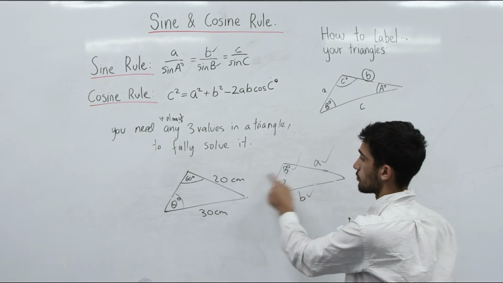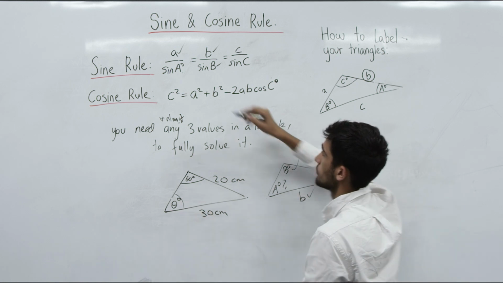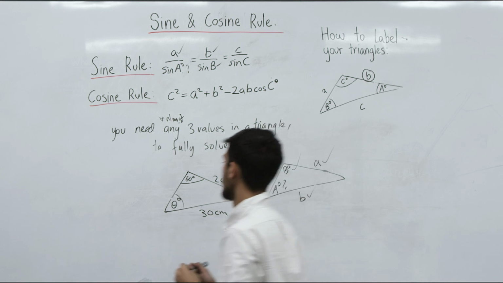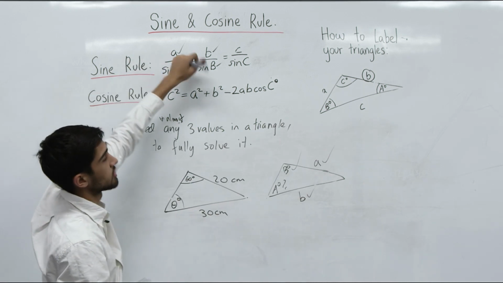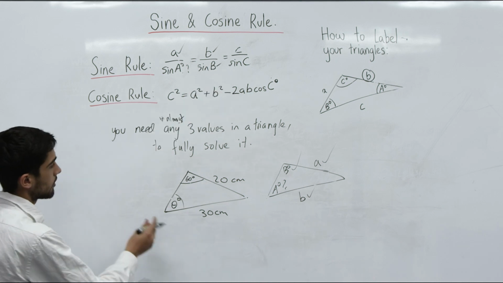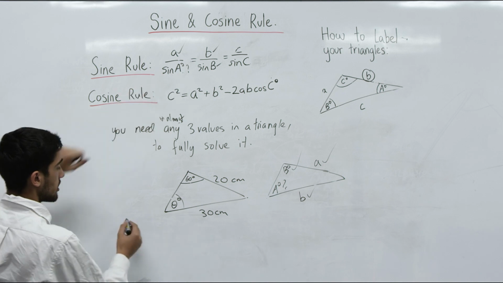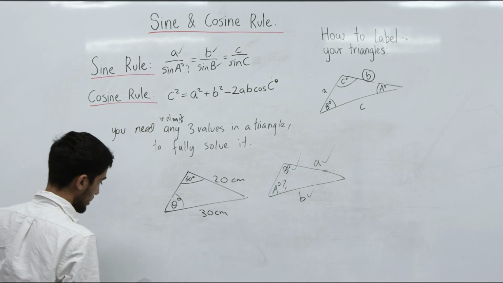What are we trying to find? We know the length A as well, and we're trying to find the angle A, right? Now, at the start of the lesson, I said that you can rearrange a sine rule by flipping each side. So we're trying to find the angle A, so rather than keeping it on the bottom of the equation, we can put it on the top.